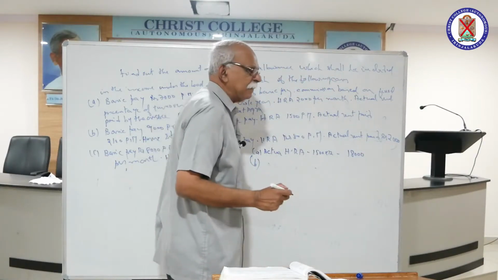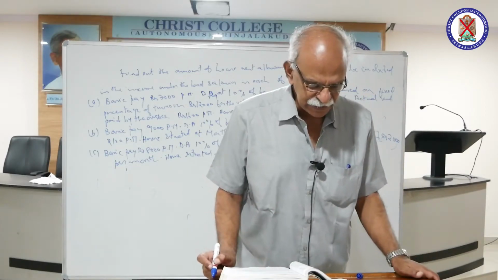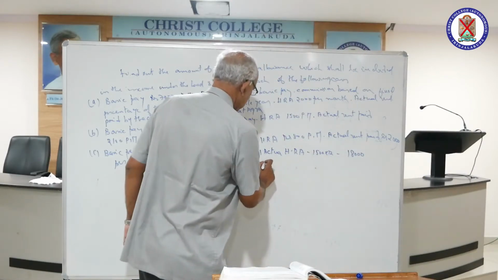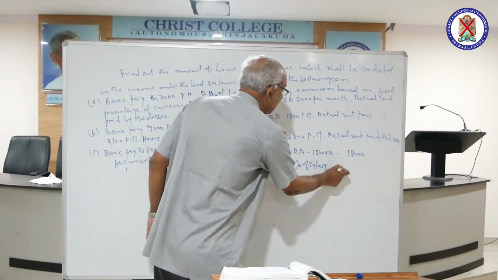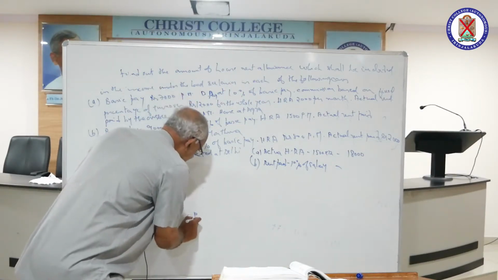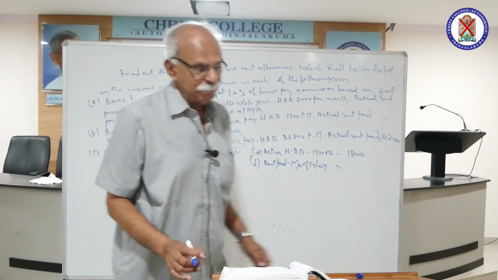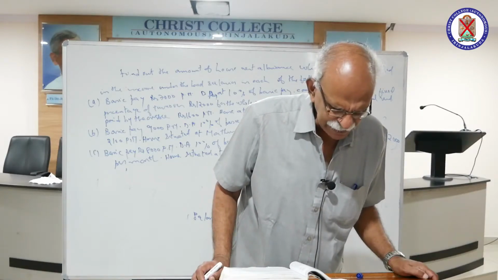B, rent paid minus 10% of salary due to the assessee in the relevant period. Here, we have to see the definition of salary. Salary is basic pay, 9,000 per month.